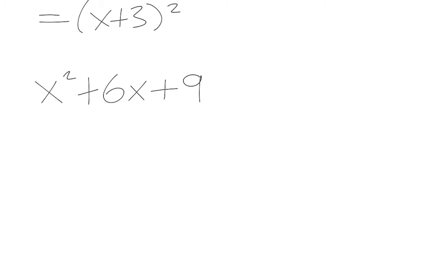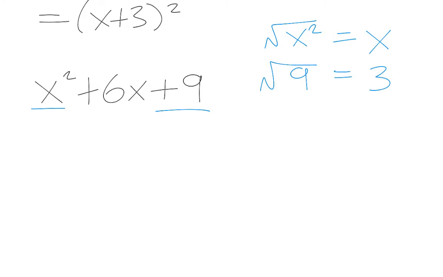The first thing you want to do is look at the first term and the last term, and see if you can square root the first term, which would be x, and the last term, positive 9, which is 3. Once you get these two answers, you want to see if twice the product of these two answers is equal to the center term of 6x.